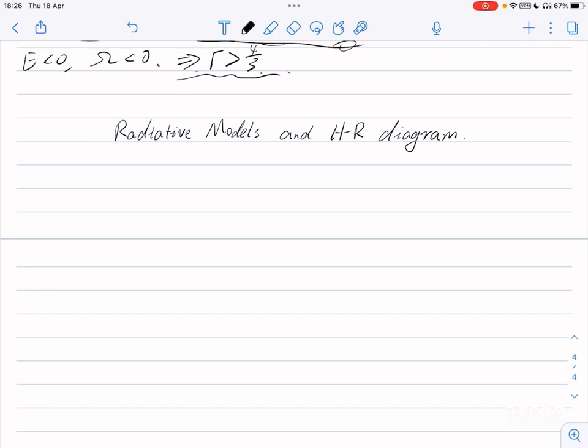So much for this. Let's begin today's astrophysics seminar. Today we will talk about the radiative models and the HR diagram. For a star, the energy transport can have two main mechanisms.